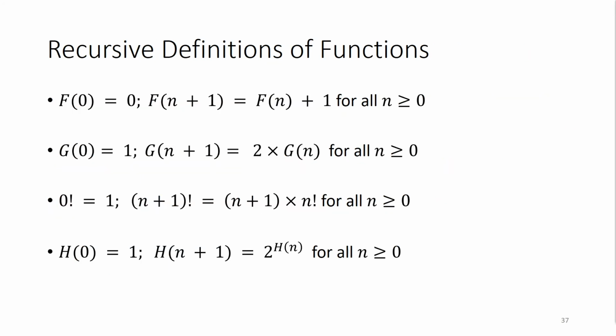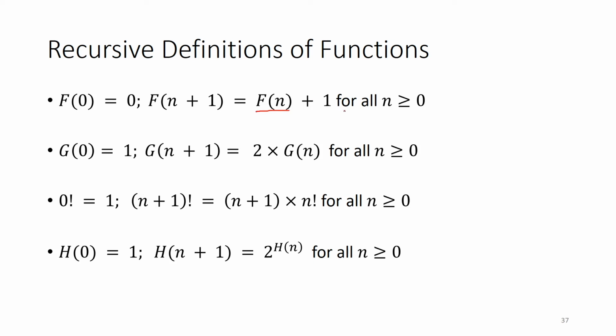There are some recursive definitions of some functions. The first one, f of 0 is 0, and f of n plus 1, that is the next step, will be defined recursively as f of n, the previous step result, plus 1.